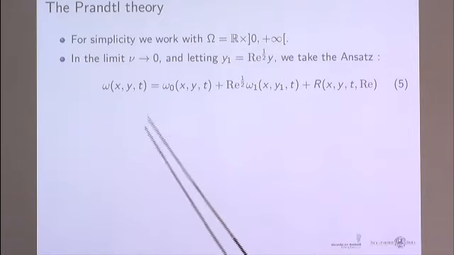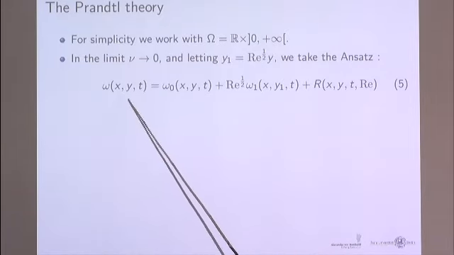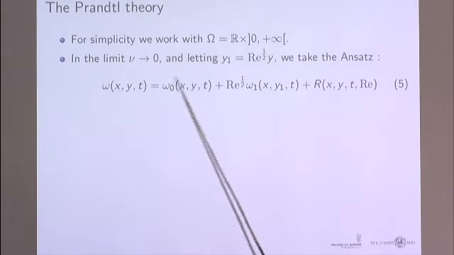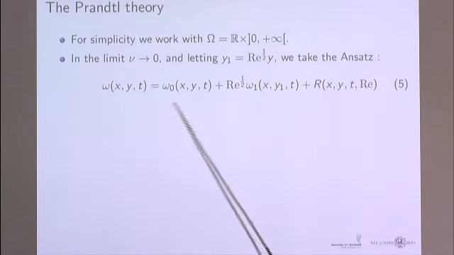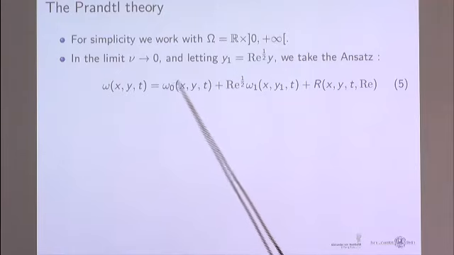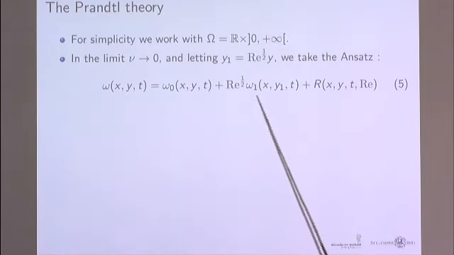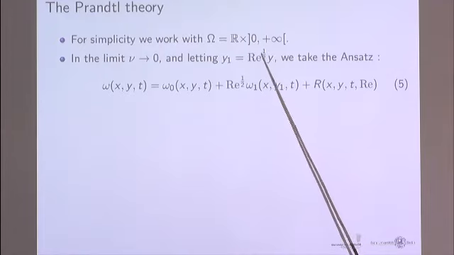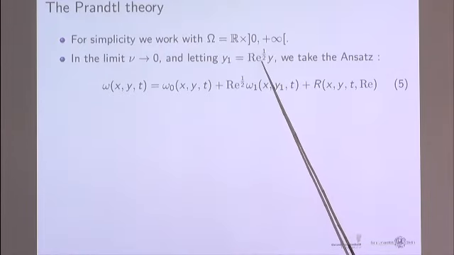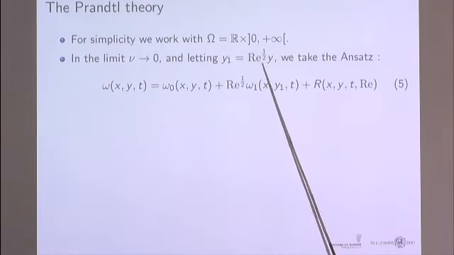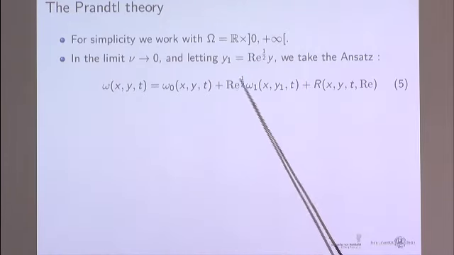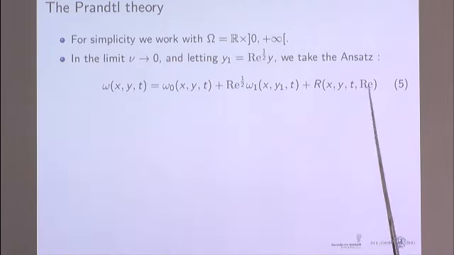And if you look at the vorticity, you assume the following ansatz, that the vorticity field can be decomposed into a Reynolds-independent part, and then a boundary layer of thickness scaling like Reynolds to the -1/2, or equivalently square root of nu. And the amplitude of vorticity in this boundary layer scales like Reynolds to 1/2. And then there is an error remainder term here.